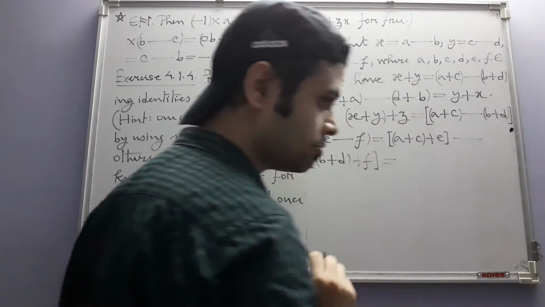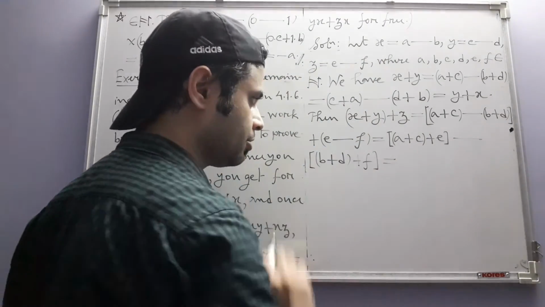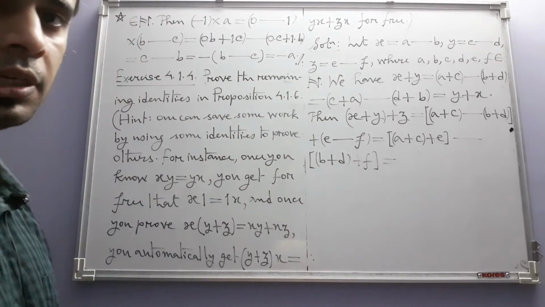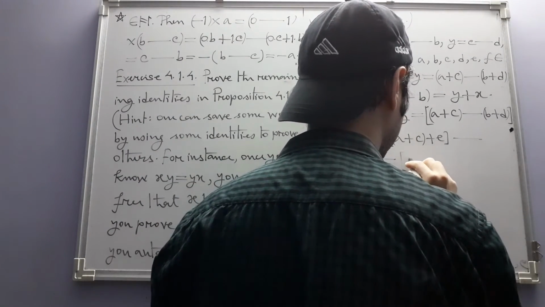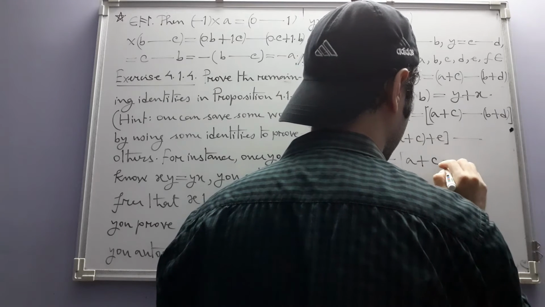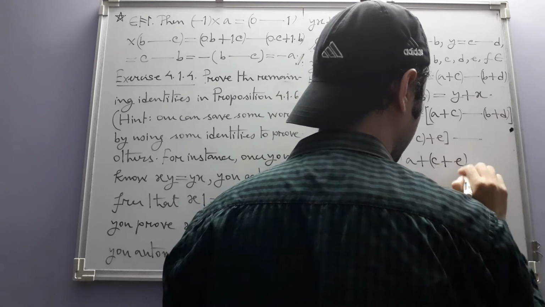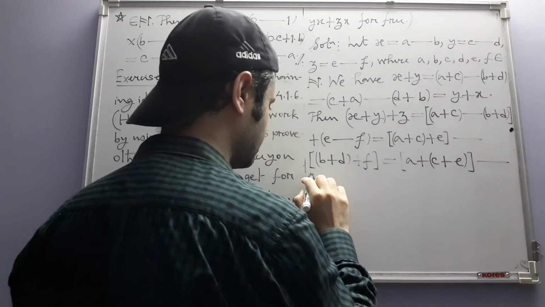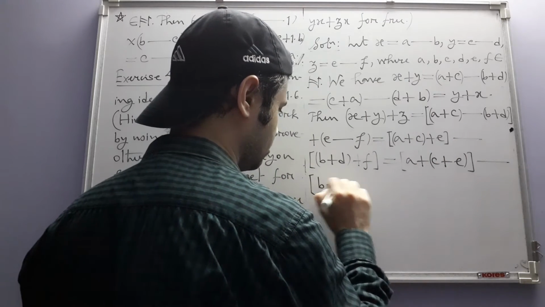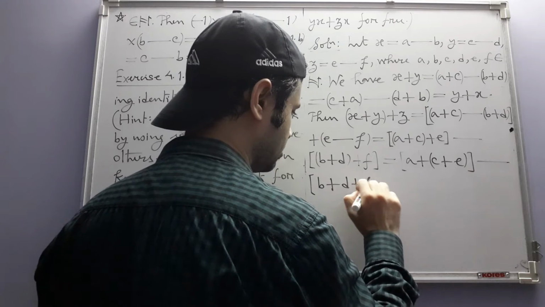Now we are going to use the fact that addition of natural numbers is associative, which we have proved before. So that's how we are able to write this in place of this, dash b plus d plus f.